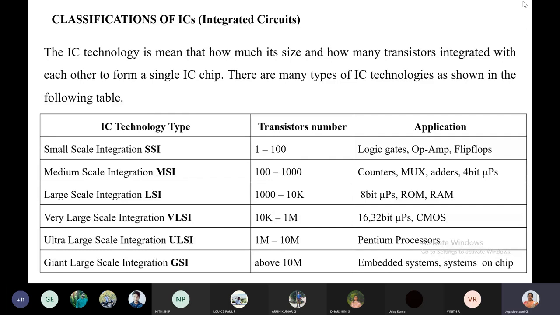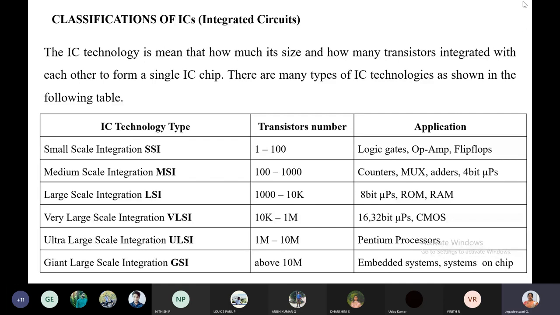Here I'm listing out the transistors, but I'm talking about electronics components. Not only transistors, we have diodes, resistors, capacitors, whatever may be. I'm just talking about the general term electronics component. Can you please read the first thing in the tabular column, IC technology type?